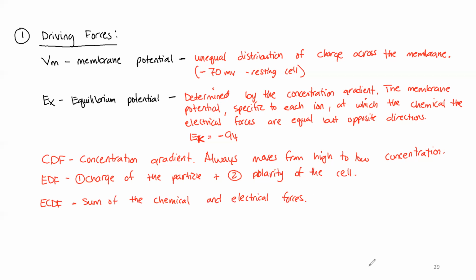All right. What we'll review here at the bottom is how we determine the forces acting in opposite directions. I won't go over what happens when they're in the same direction because that's pretty straightforward. We said if electrical is in one direction, chemical is also in that direction, the ECDF simply follows that direction. What we'll talk about here is what happens if the forces are in opposite directions.